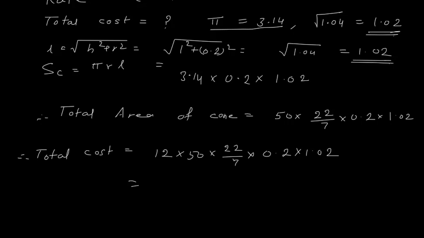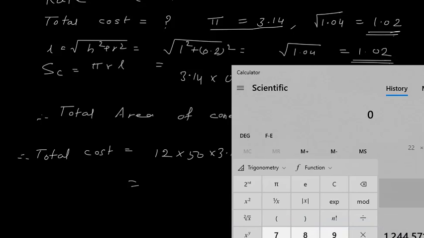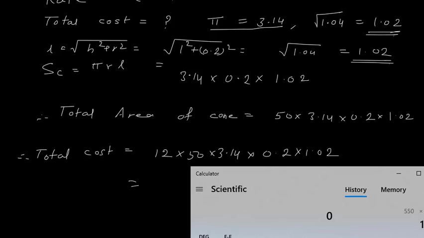So here it is 12 into 50 into 3.14 into 0.2 into 1.02.